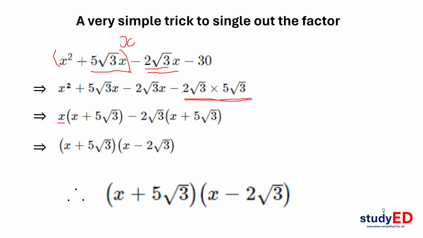So these two terms, since we have already simplified this as a product, what do we get directly over here? We then directly take out the 2 root 3. So once you take out that 2 root 3, what do you observe? Both the terms have same, x plus 5 root 3, x plus 5 root 3. Take these and you get x plus 5 root 3 into x minus 2 root 3. So the final answer is x plus 5 root 3 into x minus 2 root 3.